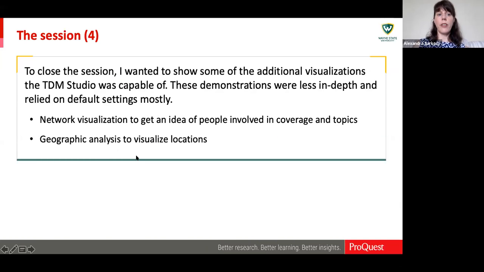And also geographic analysis to visualize location. That's another really powerful way that digital humanities can make clear certain things that might not be so obvious for scholars who are just doing close readings of the text.